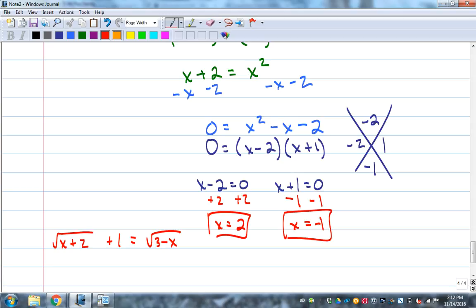This side, we get 3 minus 2 is 1. What's the square root of 1? So does the 2 work? No. Even though it's the positive answer, it gets thrown out because it doesn't work in the problem. Negative 1 did work. 2 did not work. It's an extraneous solution is what it's called. Extra solution is what it's called.